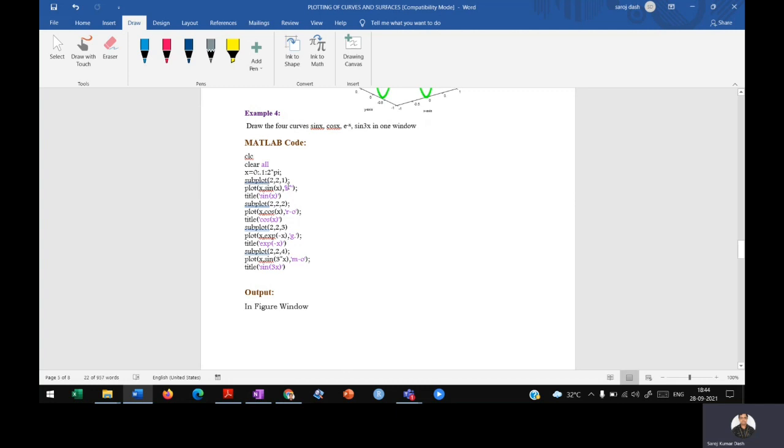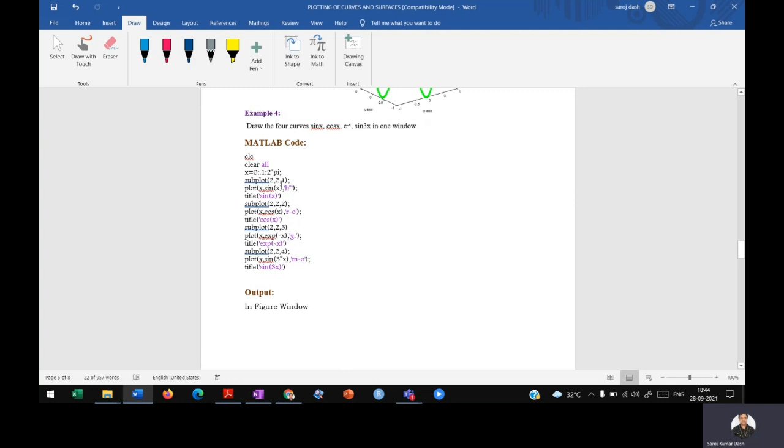What does 2, 2, 1 mean? The first two arguments of subplot represent the number of rows and columns, meaning in how many parts you divided the screen. The first is rows and the second is columns. So in total how many parts are there? 4.